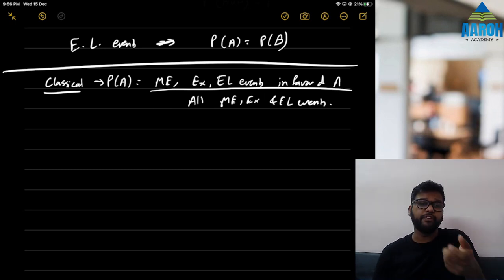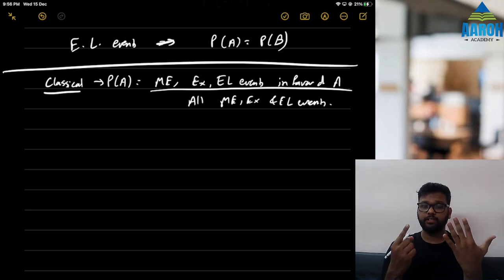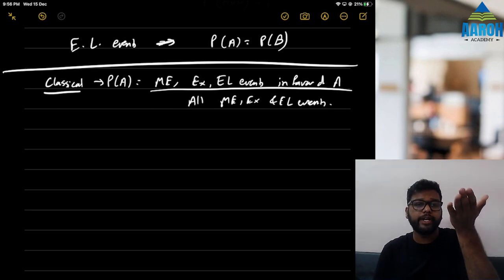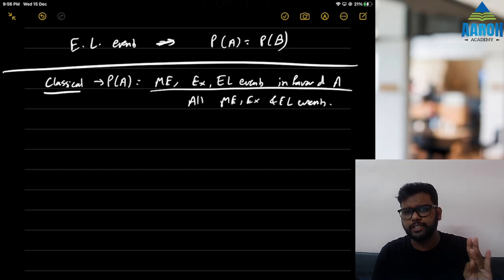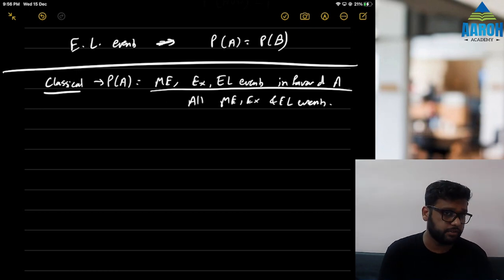For example, if we throw a dice 1, 2, 3, 4, 5, 6, and if we want even number, then in numerator we will take only even numbers, that is 2, 4 and 6. So it will be 3 by 6, which is 1 by 2.